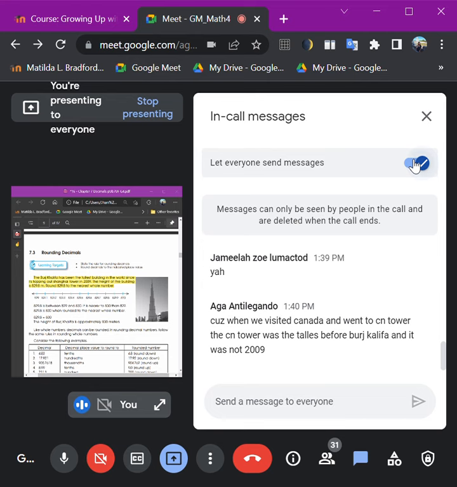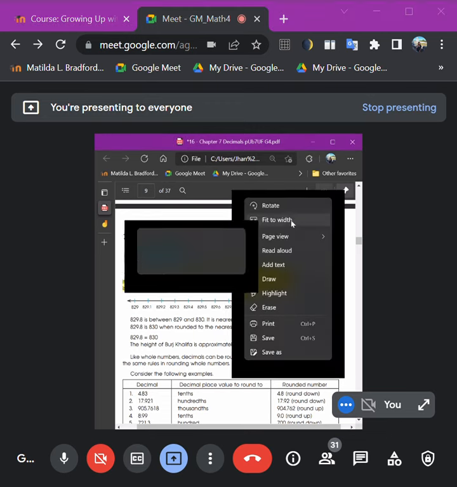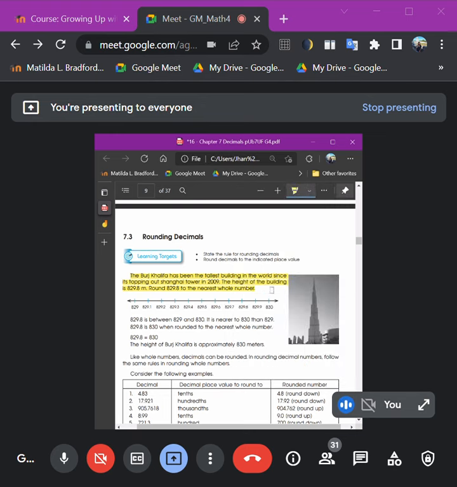Okay? So for our 829 and 8 tenths, makita na nato siya this one here. Okay? So mao ni siya ang ato ang 829 kani siya nga part diri. So ato do siyang i-round off class into its nearest whole number.